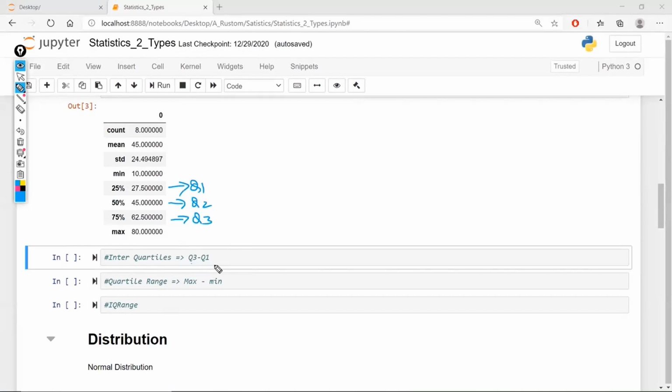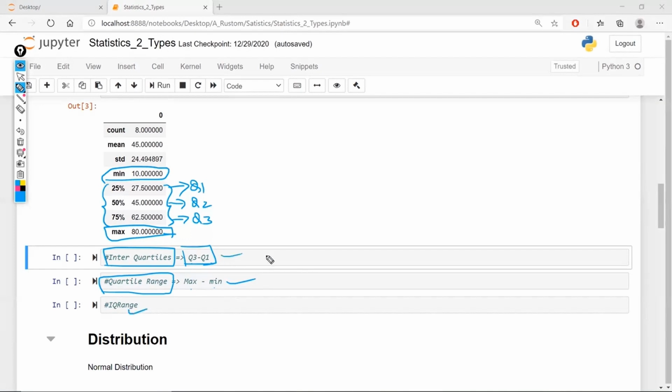Q3 minus Q1, the resultant is what we call the interquartile. Right? Then if I talk about the range, it's maximum minus minimum. That's how you can interpret. This one we already discussed, the interquartile range.